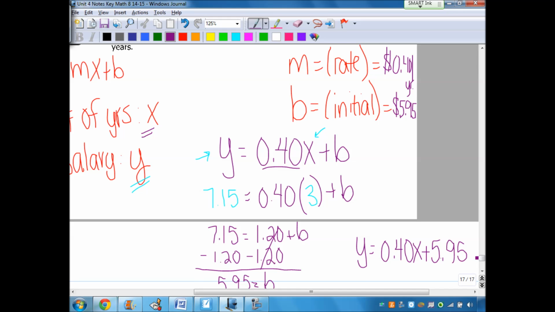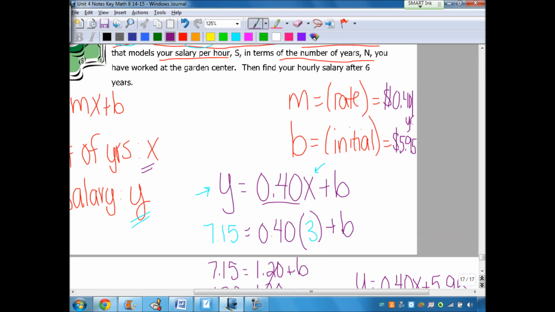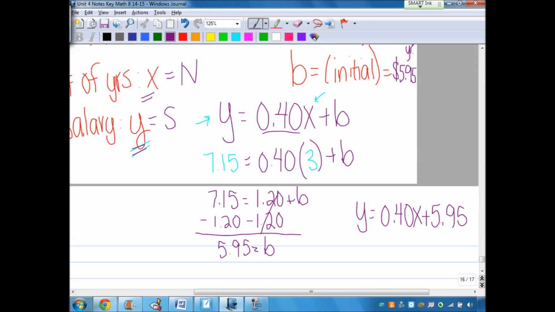Okay, and then once you do that, you have to make sure that you use the right variables. So S is your salary, N is the number of years. So in this example right here, your salary was your Y, we figured that out, and your number of years is your N. So instead of Y, you're going to replace this with S, and instead of X, you're going to use N, plus 5.95.